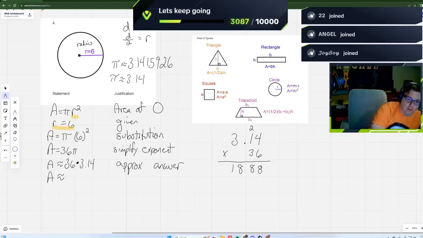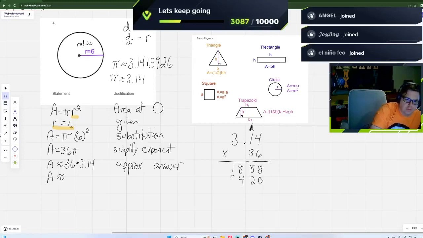Next, we are going to put a 0 here. Because we finished off the 6, we're going to move on over here. And then do 3 times 4, which is 12, carry the 1. 3 times 1, which is 3, plus 1 is 4.